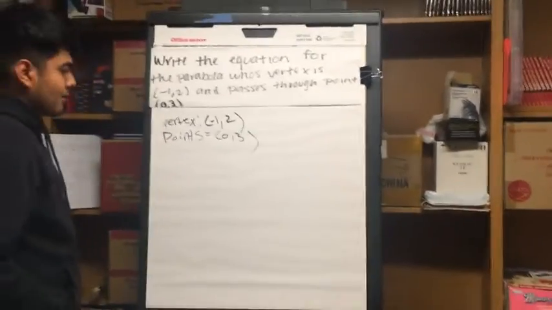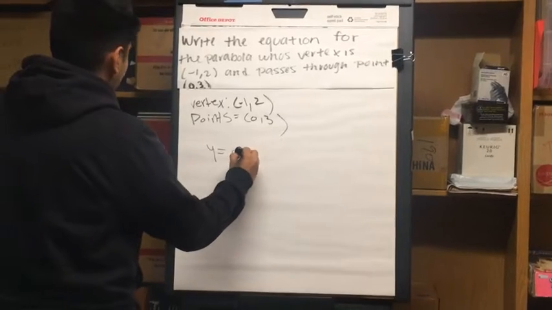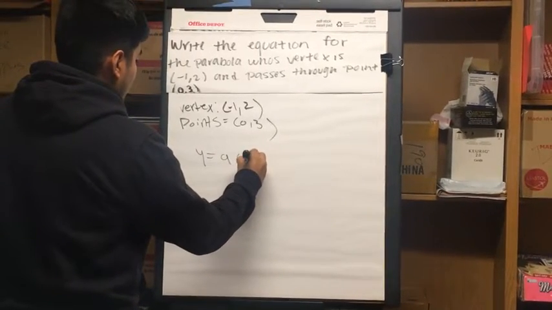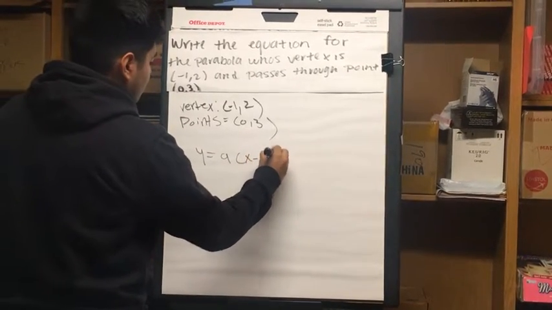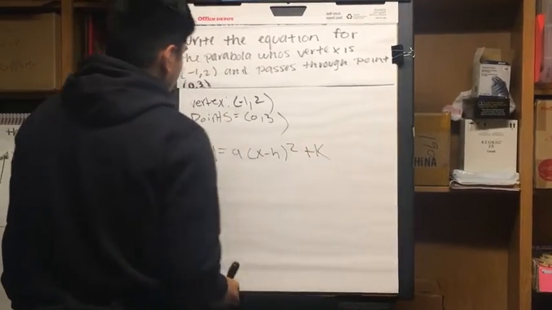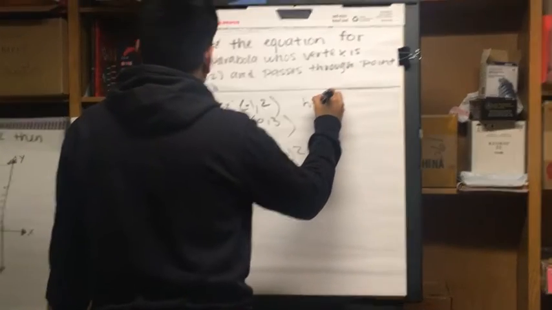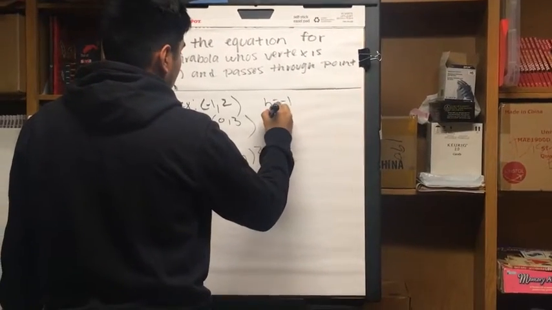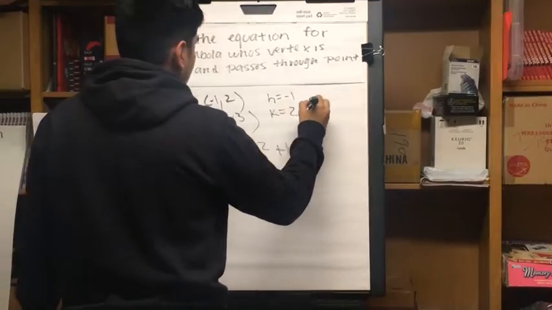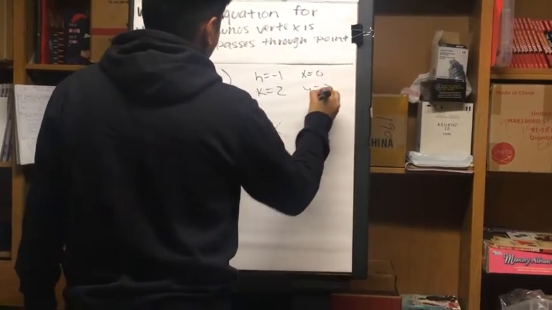Then we're going to plug these points into this equation, y equals a x minus h squared plus k.